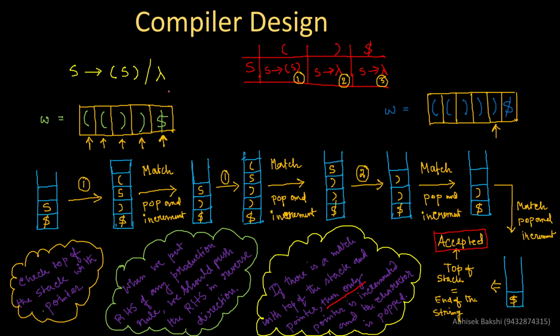That we decided with this particular technique, right? So we started from the start symbol S, and we ended at this particular string. So that's why it was a top down parser. We started from the top and went downwards.